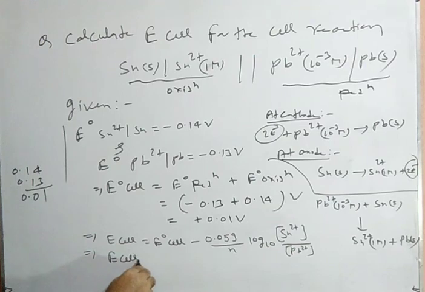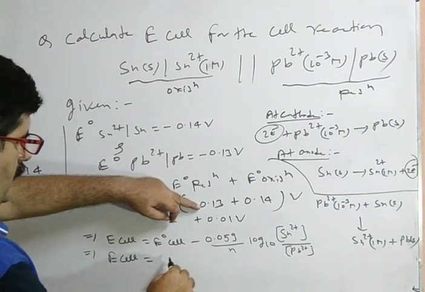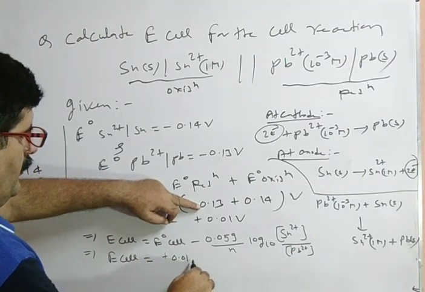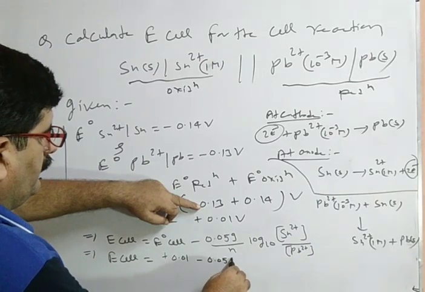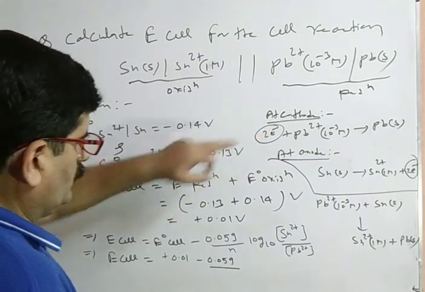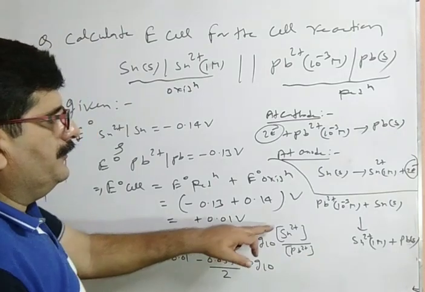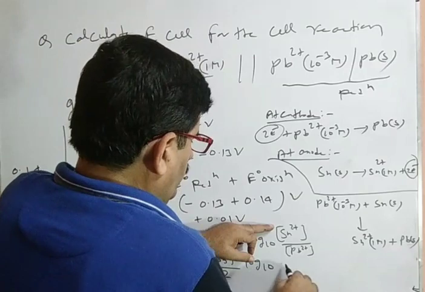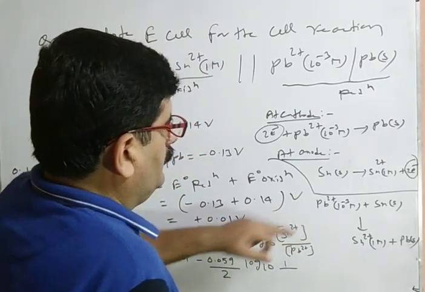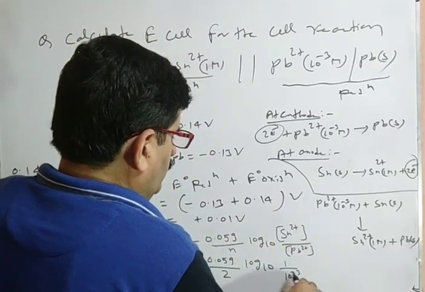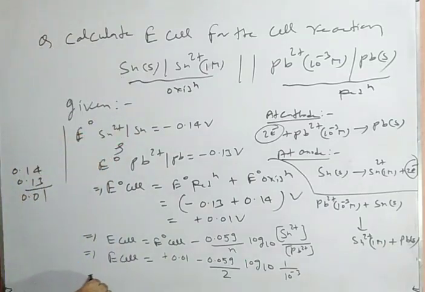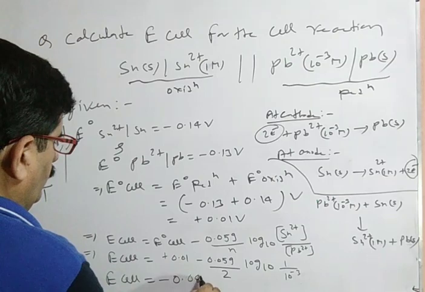E cell is equal to E naught cell, 0.01, minus 0.059 divided by 2, 2 electrons being involved in each half cell, log base 10 of the concentration of Sn2 plus, 1 M, over the concentration of Pb2 plus, 10 to the power minus 3. If we solve, we get the value of E cell, that is minus 0.08 volt.